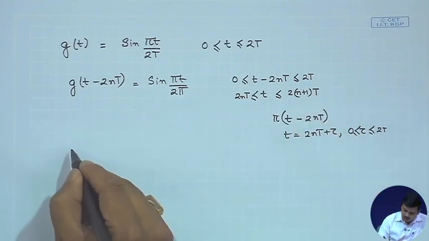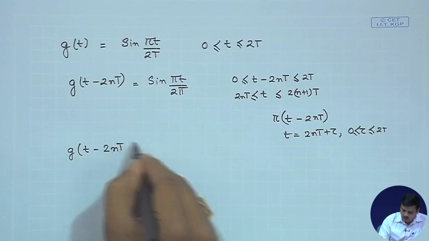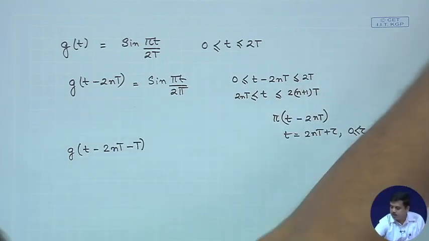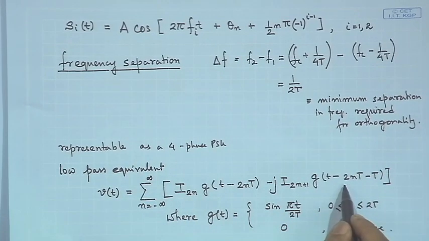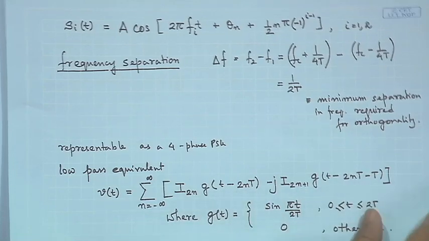Now, the other one, g(t minus 2nT minus T), is the expression we have here for the Q component. Here the I component used the cosine modulator, and this is the sine modulator.